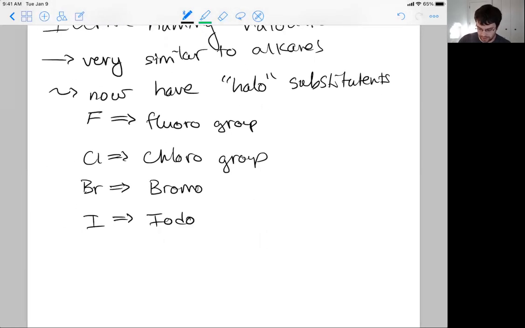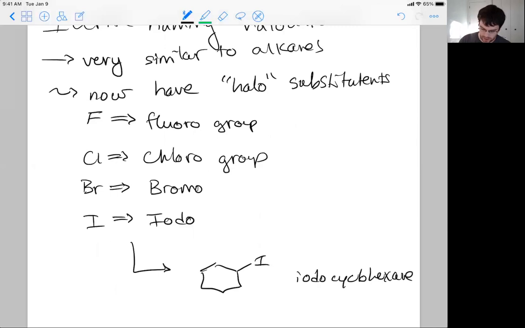And so if you have something like this molecule where we have an iodine on a cyclohexane, we would call that iodocyclohexane. And so the halogen atom is a substituent on the parent chain.